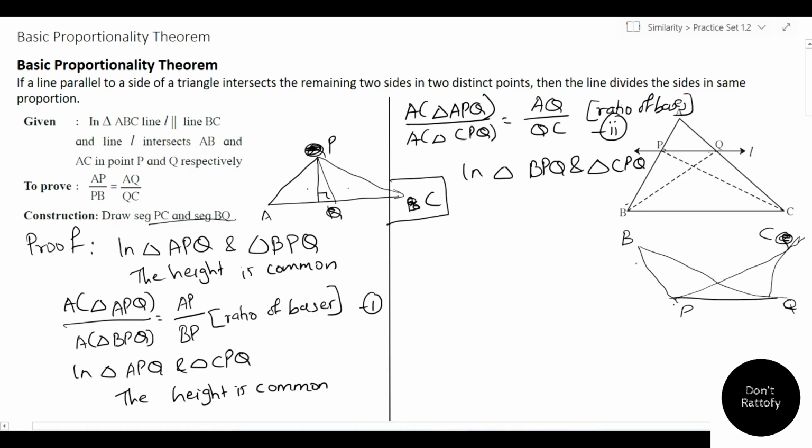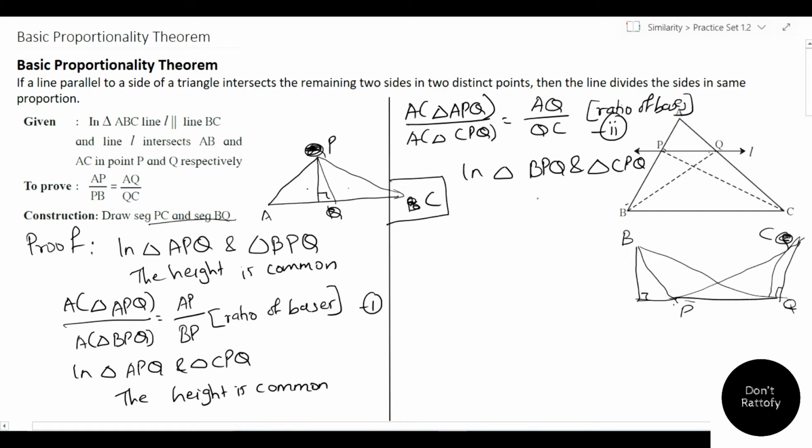And also I know one fact that PQ and BC are parallel because I know it from the given. If PQ and BC are parallel, the perpendicular distance between these two lines is equal. That is, this perpendicular distance and this perpendicular distance are equal, which means the height is equal, right?